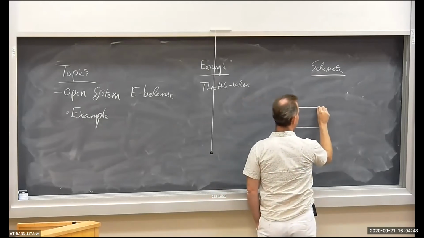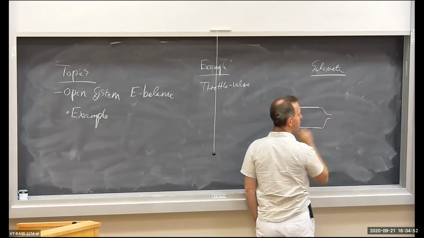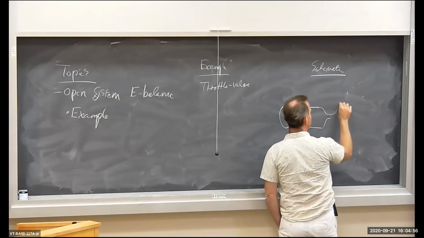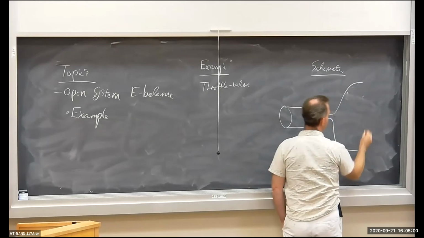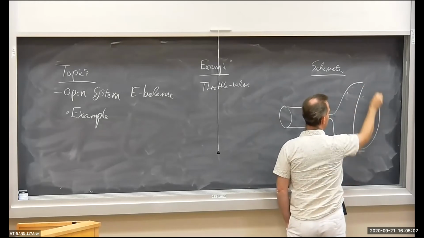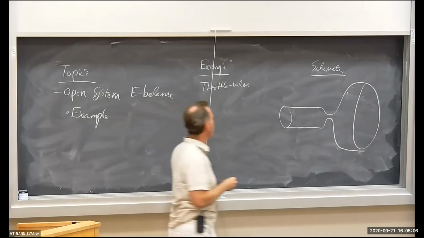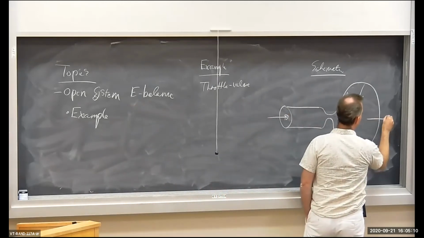And then we have a restrictor. So the tube all of a sudden reduces diameter, and then we have an increase in area, okay? That's basically what a throttling valve looks like. The left-hand side is the inlet, and the right-hand side is the outlet.